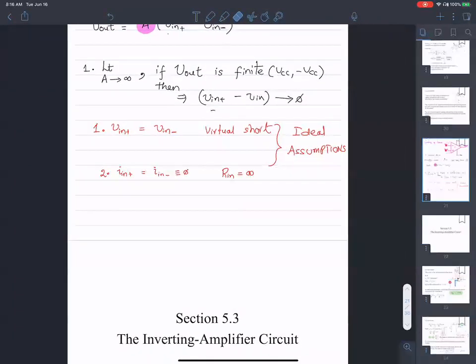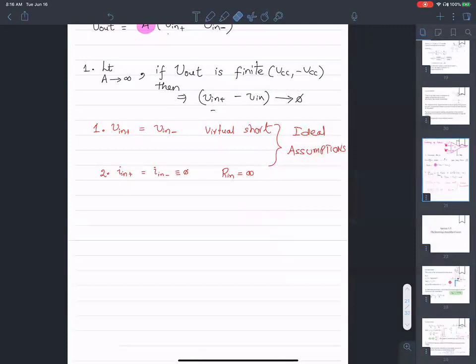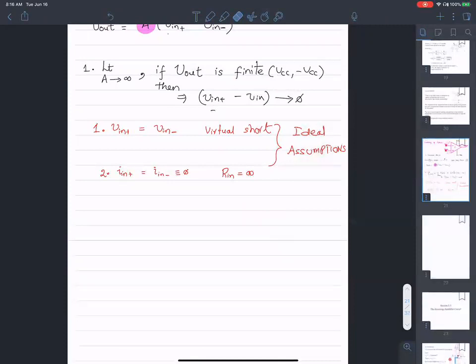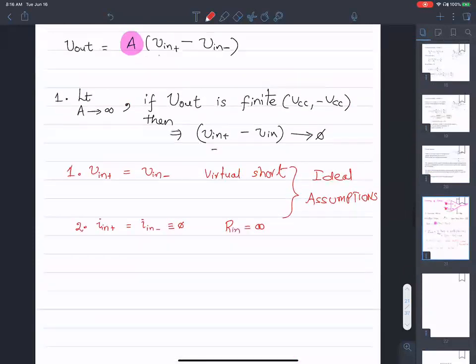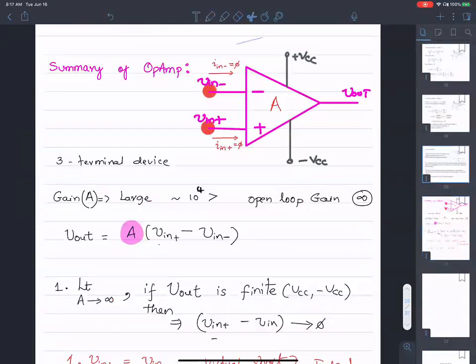And let me add one more page to quickly review what we did in terms of the op-amp output saturation. Let me copy this really quickly.